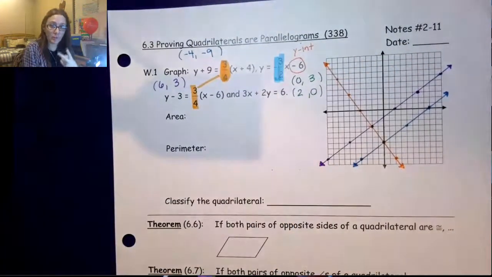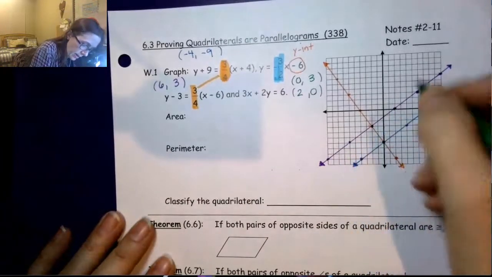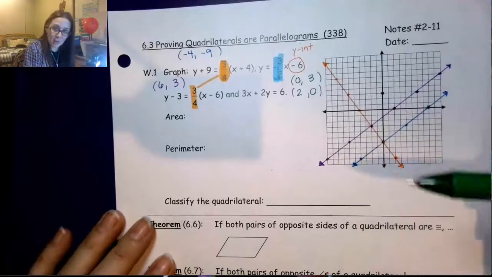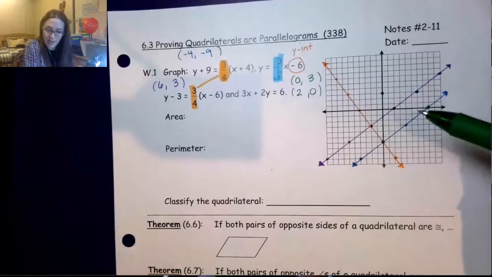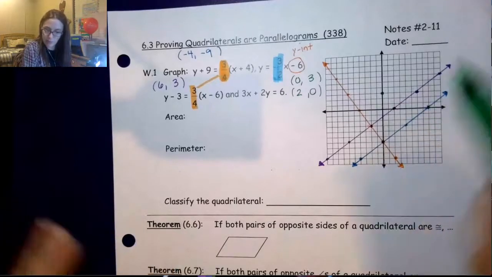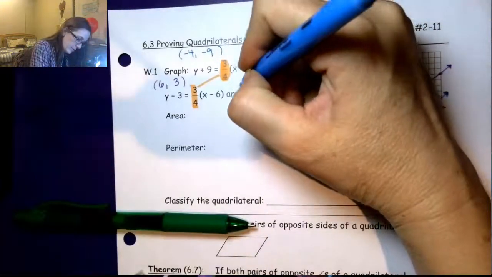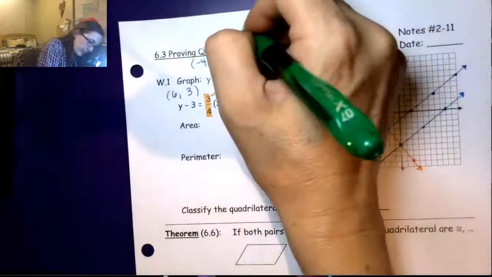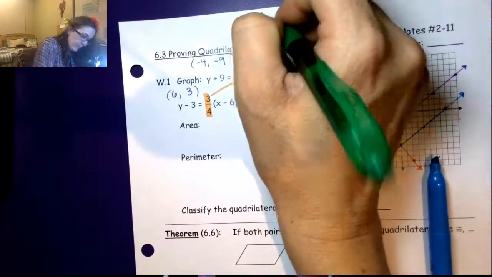So I have 2 separate points here. I'm going to go to 2, 0, right here, and 0, 3. Now I can count my slope and see that it goes down 3/2. I can also use, if you remember, who remembers when I was in this form that my slope would actually be -a/b?